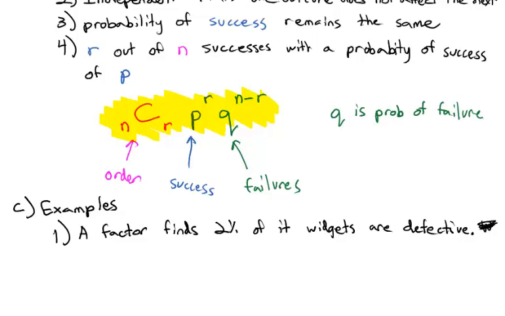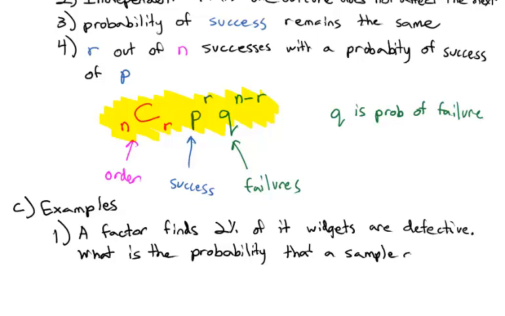What is the probability that a sample of 150 widgets has exactly 3 defective?